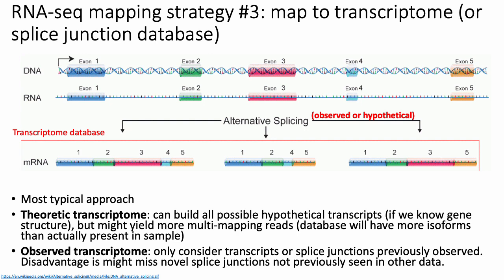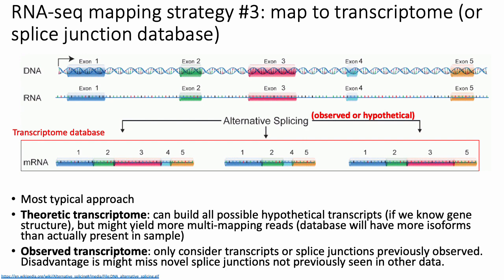And so in practice, a third strategy is typically used, which is basically to map reads to a transcriptome database or a spliced junction database. And so the general idea is that for most genomes, many of the model organisms anyways, you typically know where most of the, for example, protein coding genes are.